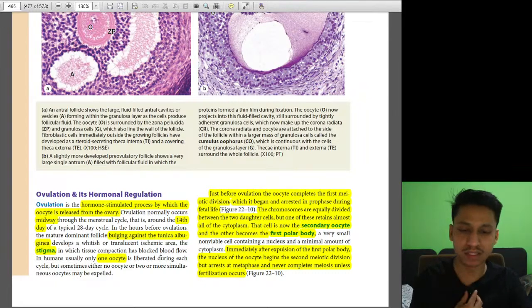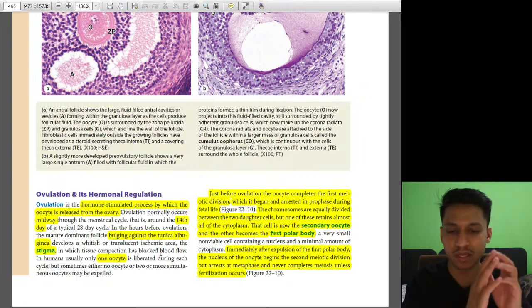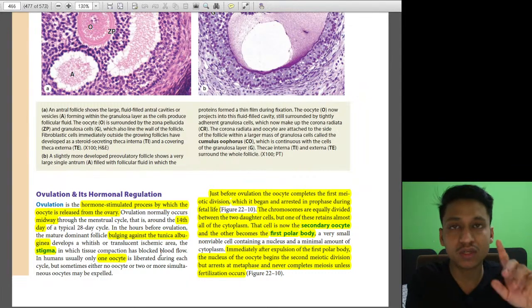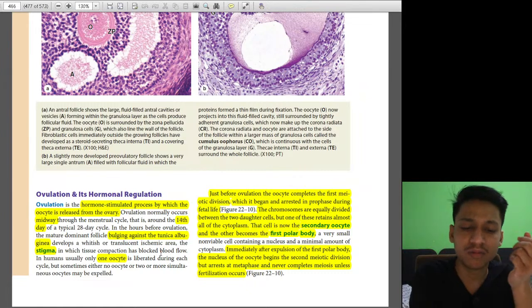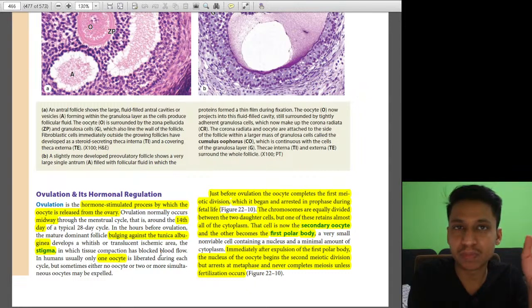In humans, usually only one oocyte is liberated during each cycle, but sometimes either no oocyte or two or more oocytes may be expelled simultaneously. This is an exception, but mostly only one oocyte is going to be expelled.